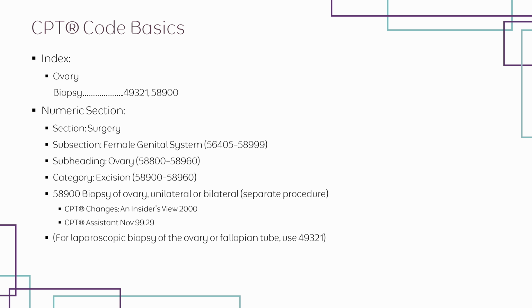This example illustrates the step-by-step process that you'll use over and over again as a medical coder, starting with a careful review of documentation, using the index to locate possible codes, verifying the code in the numeric section, and then ensuring the code description matches the procedure performed.